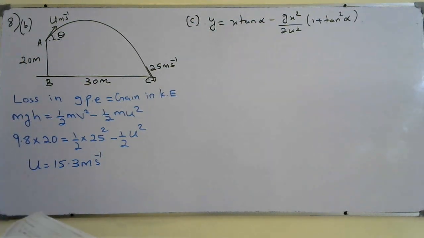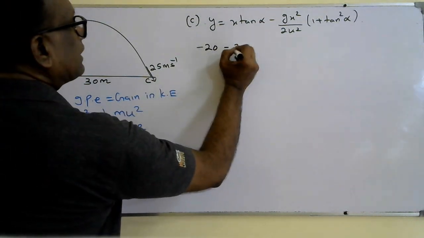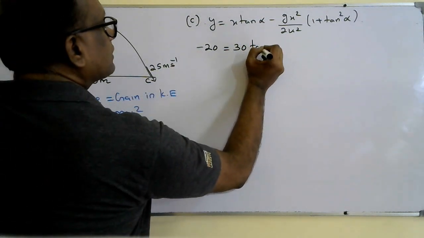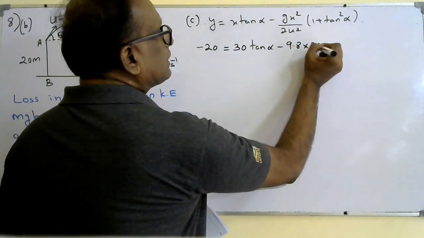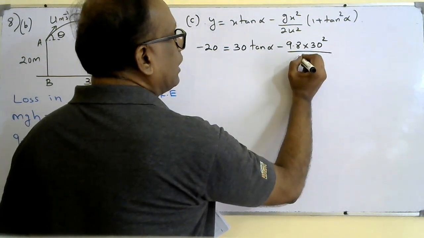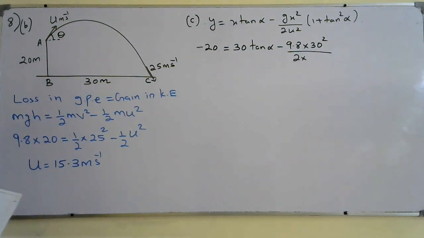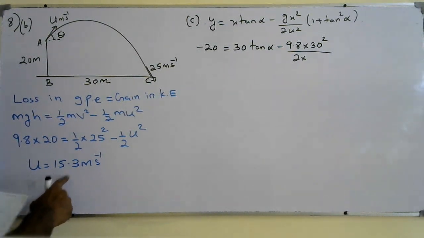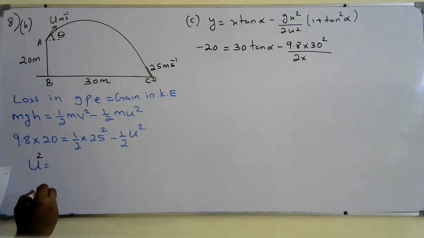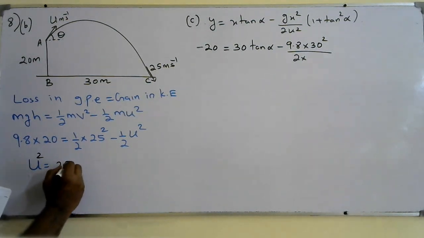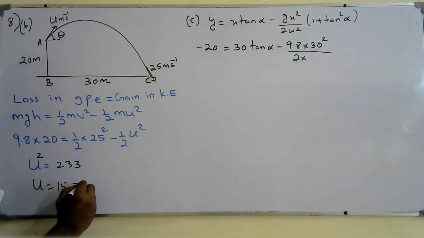Okay, so we'll substitute the values. This is going to be minus 20 equal to x, which is 30, tan alpha, minus 9.8 times 30 squared over 2 times u squared. We found u as 15.3, so if you square it you will get 233. Actually, one step before, you get u squared equal to 233, then the square root gives u equal to 15.3. So I skipped that.